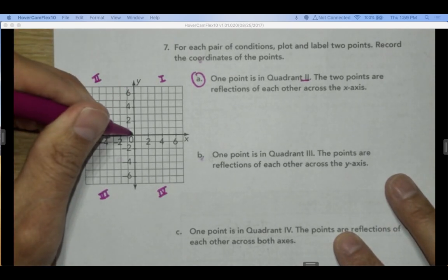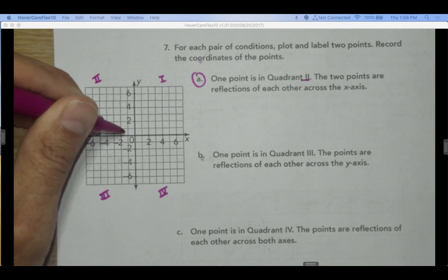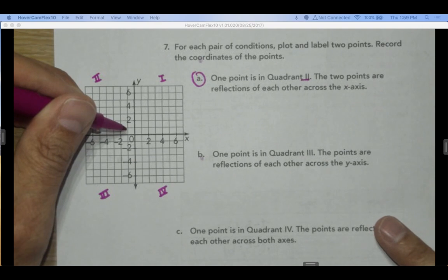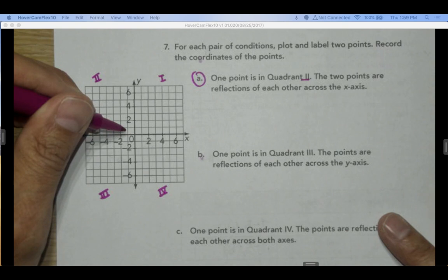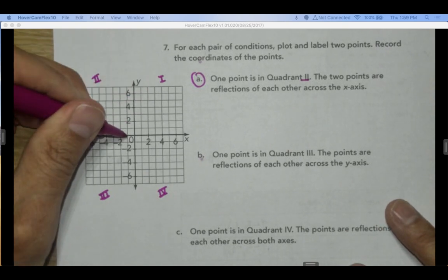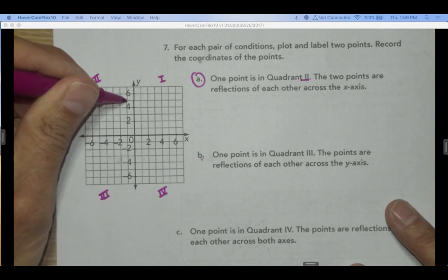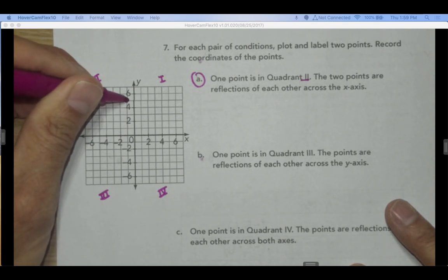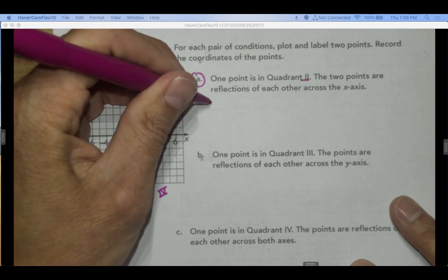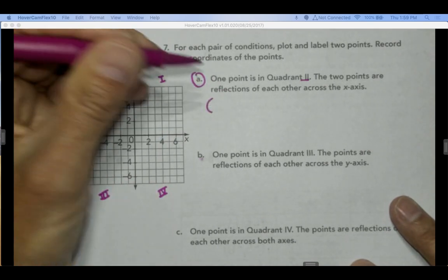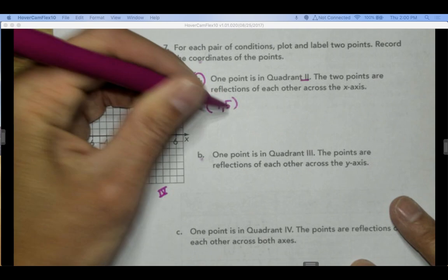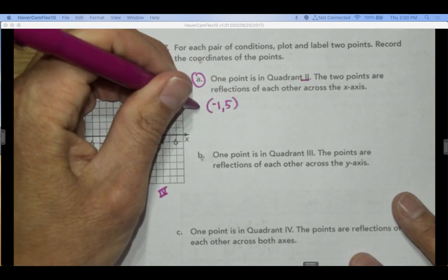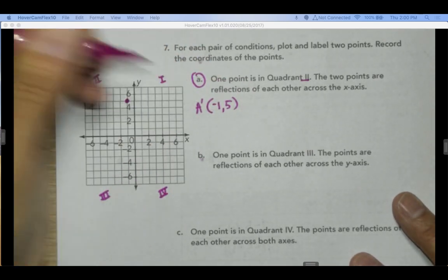but I'm going to choose -1, and then I'm going to have it be in quadrant 2, so it'll be 5. And so -1 and 5. And I will call that one A prime.